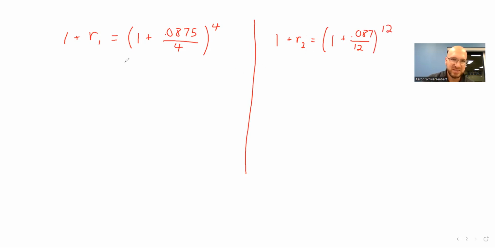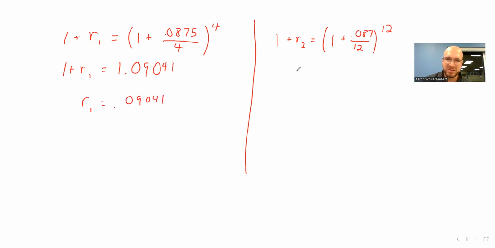So I'm using essentially that same line from before. And I get 1 plus R1 equals 1.09041. R1 is 0.09041.